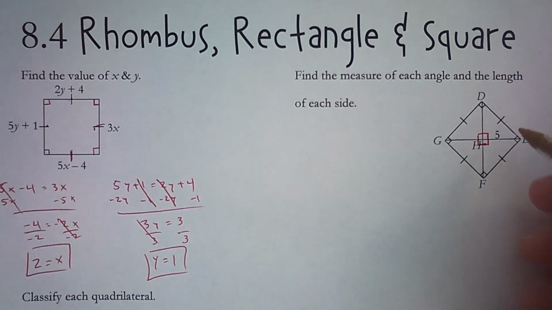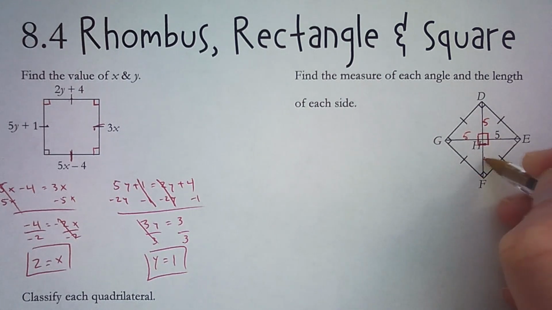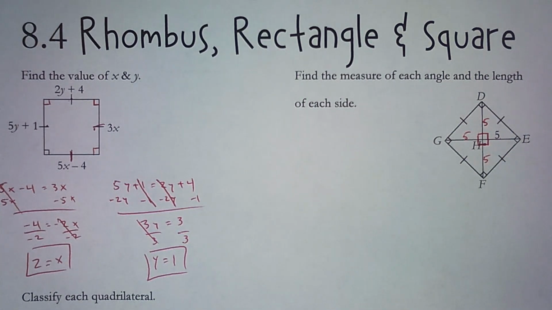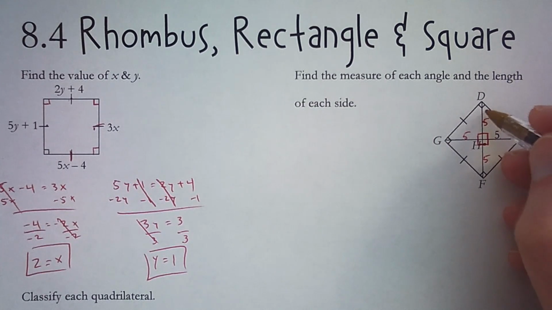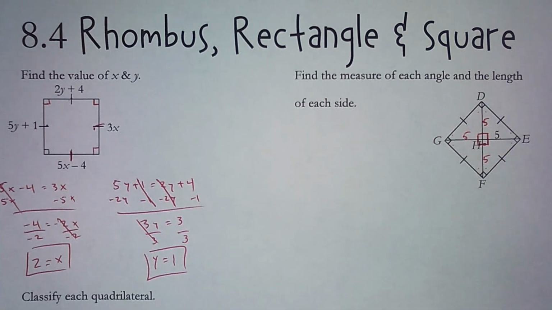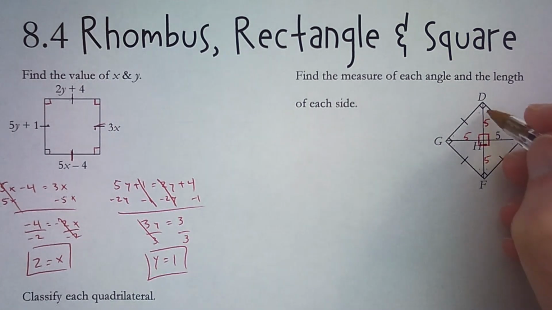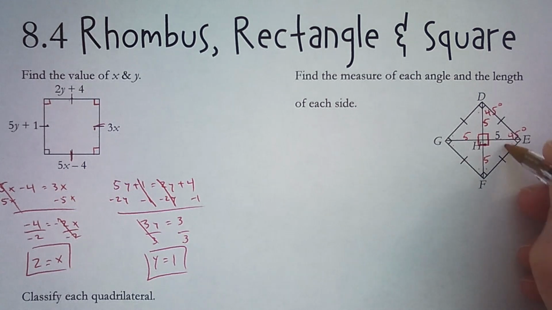As a rectangle, I know that all of these are congruent, so I've got 5s on all of these. Now as a rhombus, diagonals bisect opposite angles, which means that all of these angles end up being congruent. They're all 45 degrees.